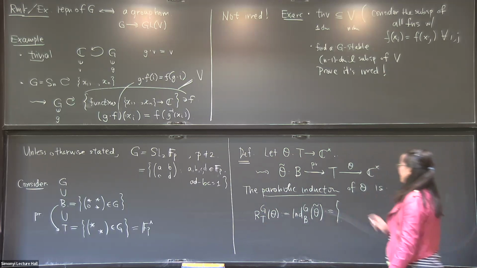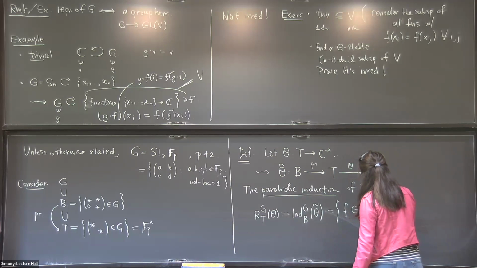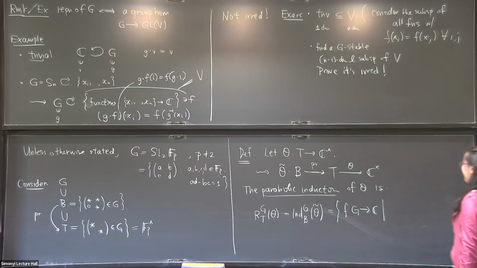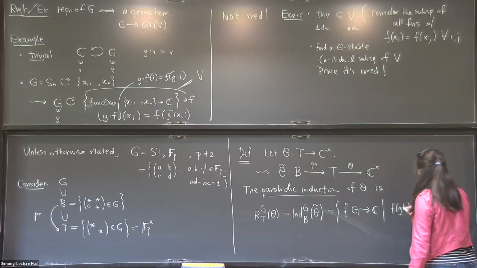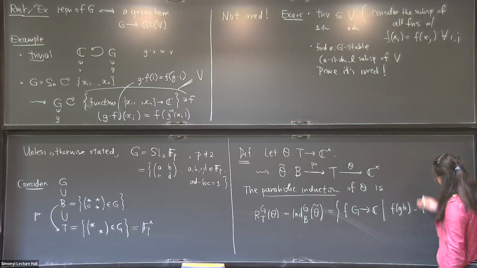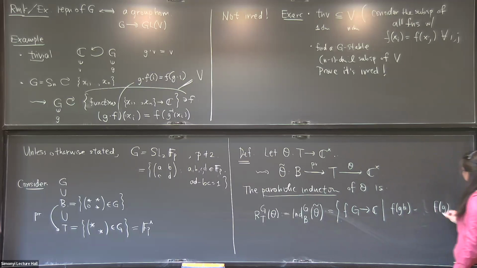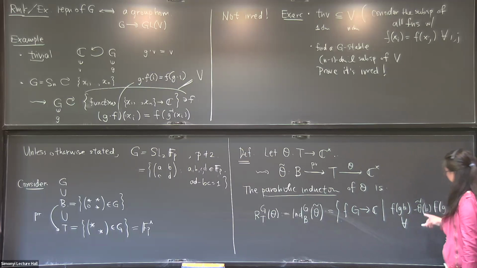And the induction is defined to be all functions from G to C satisfying a nice property. The nice property is that no matter what function you take, if you include a b on the right, then f of gb is going to be equal to nearly f of g, but up to some shift by this character here. So for all g inside G and all b inside B.